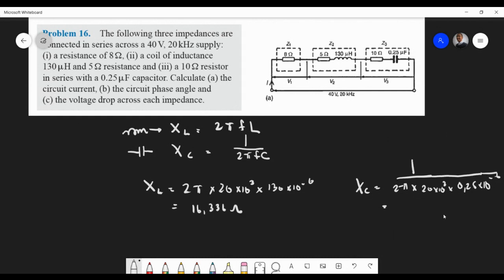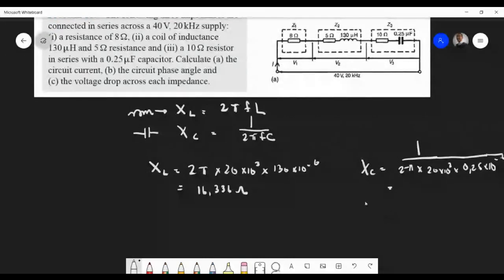Then your capacitive reactance. Let's see what you get there. 31,831 ohms. That's definitely correct.